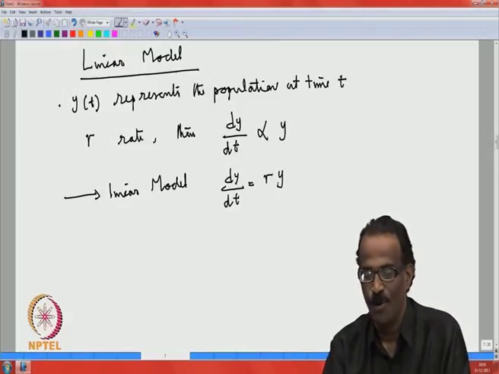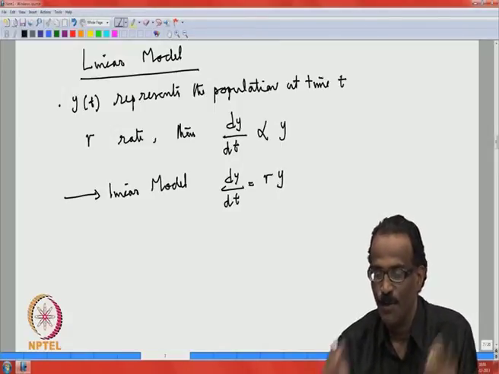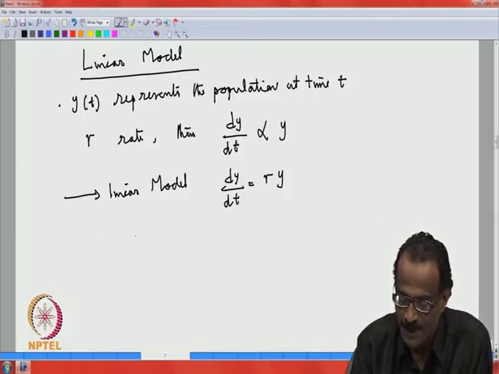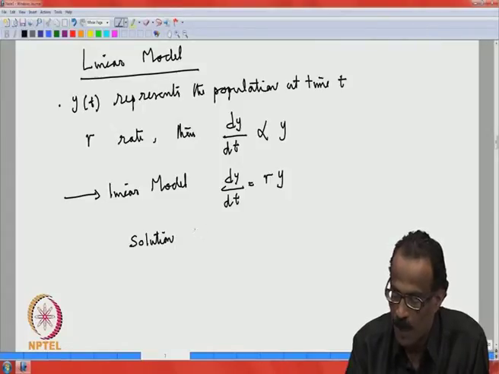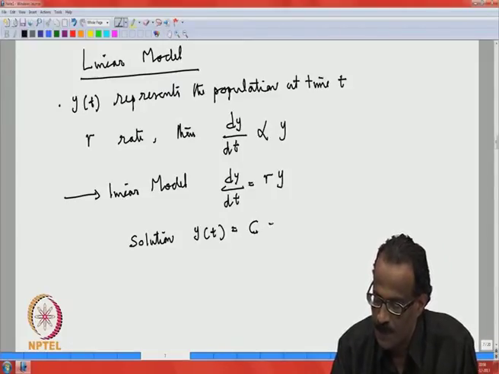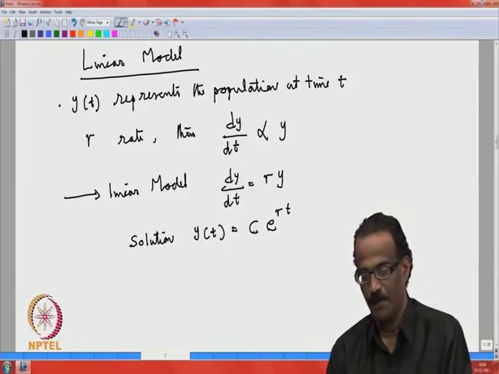And you have seen, you already solved this equation instead of r with a. So you will get the solution y(t) is equal to some constant times e to the power rt.